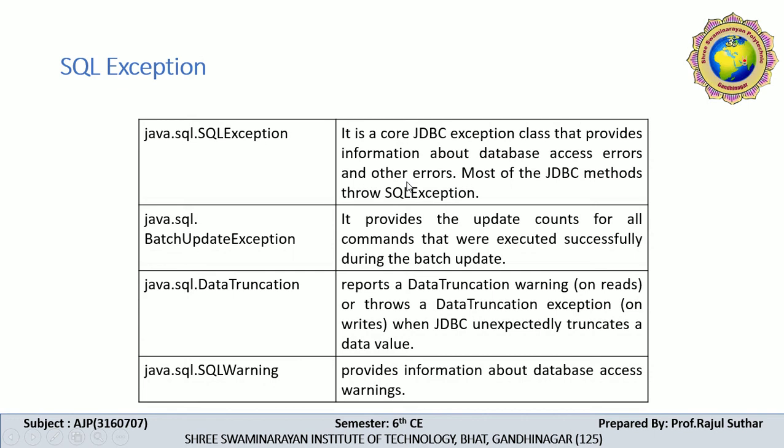Most of the JDBC methods throw SQLException. Then java.sql.BatchUpdateException provides the update count for all commands that were executed successfully during the batch update. java.sql.DataTruncation reports a data truncation warning on read, or throws a DataTruncation exception on write, when JDBC accidentally truncates a data value.